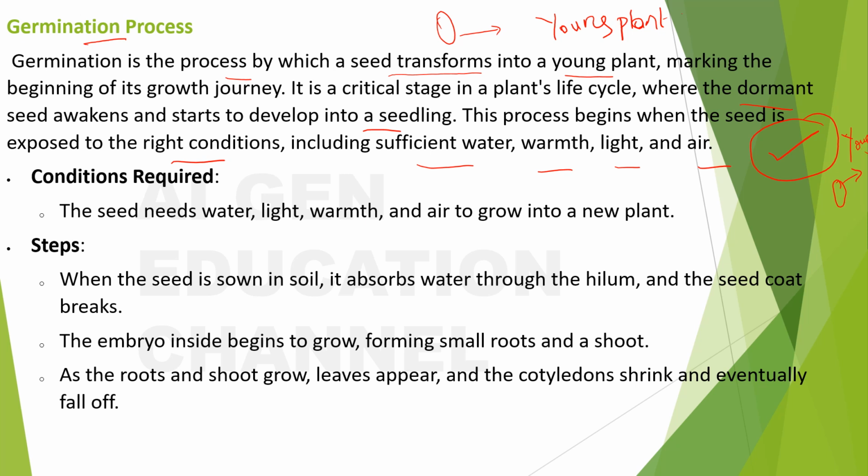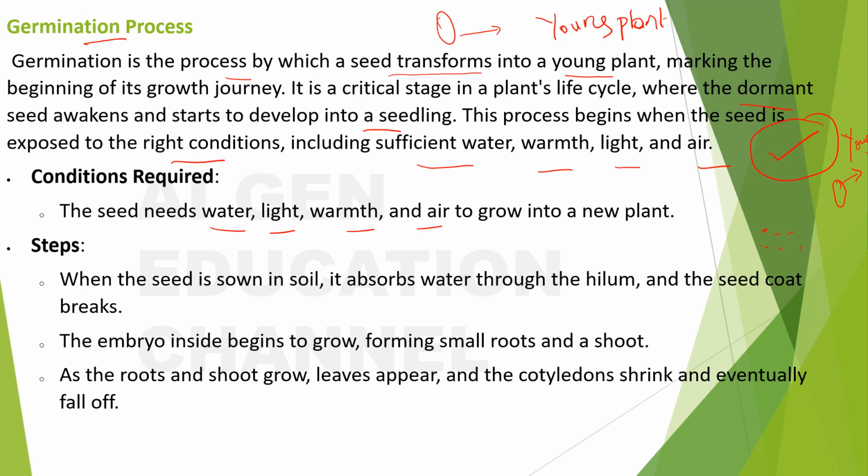Okay, what are the conditions required? We have already seen that: water, light, warmth and air. Now, can you provide all this when the seeds are so close to each other? No. So they have to be scattered so that they will get sufficient water, light, warmth and air. Even growing plants is an art, so you should appreciate it.